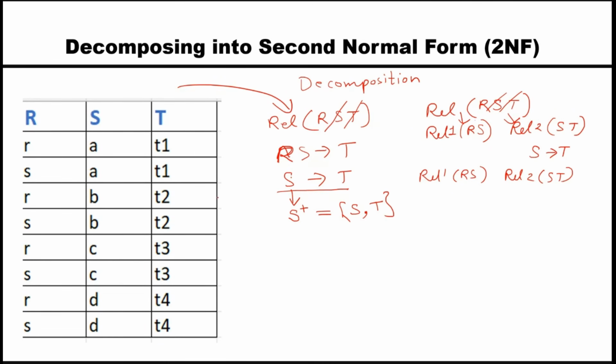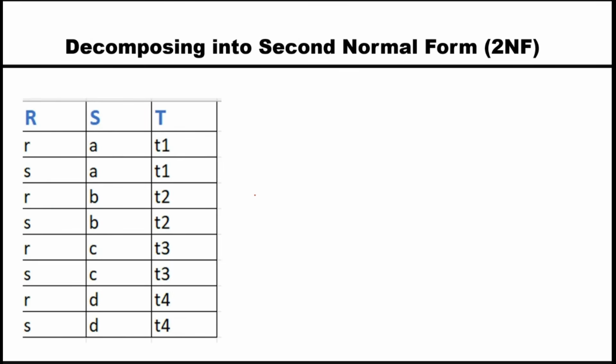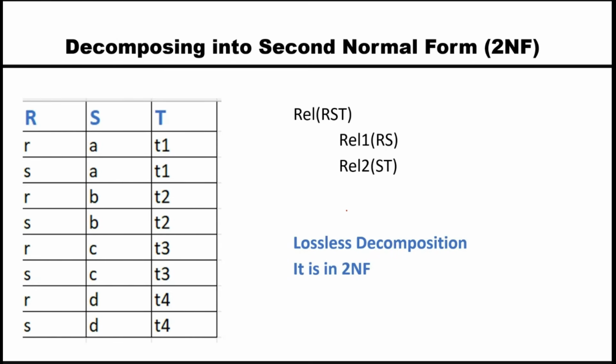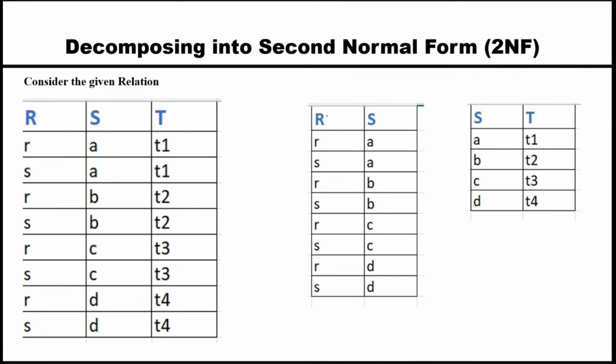Here is the table RS: RA, SA, RB, SB, RC, SC, RD, and SD. All of the tuples are unique, there is no repetition in this. But from this we have actually saved a space of at least 4 tuples.